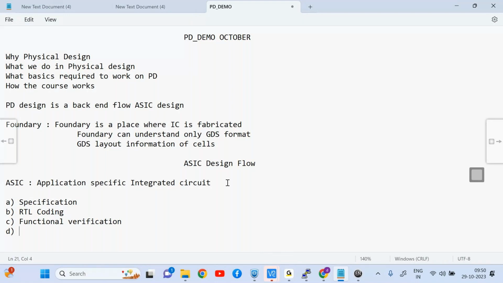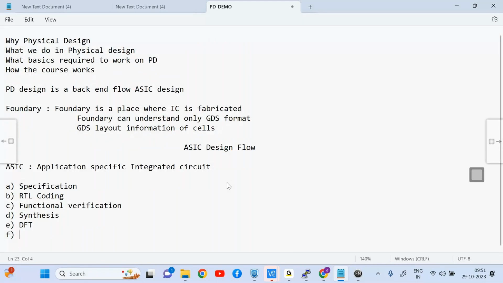We have clock domain crossing checking. We have gate level simulation. So we are mentioning only major steps. After that, we have synthesis. Then we have design for testability. Then we get physical design. After physical design, sign off checks.